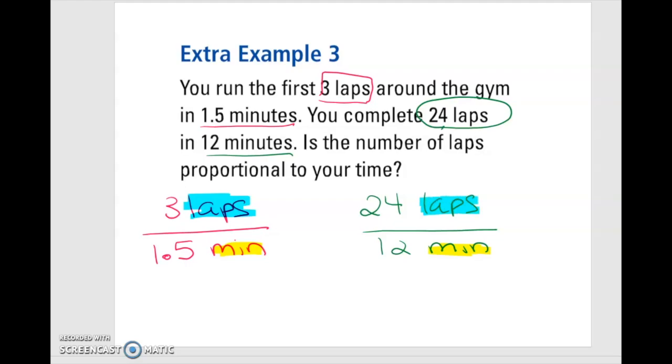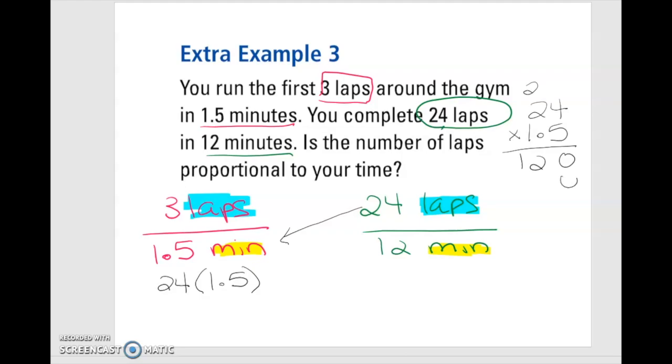Again, I want to know, are these proportional? So I'm going to check their cross products. I'm going to multiply 24 times 1.5. That's kind of yucky numbers, and I don't have to do that in my head. It's okay to do my long multiplication off to the side. It's not a big deal to have to work it out.